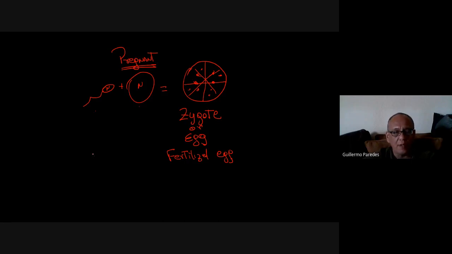So that is the origin of us. Okay? Now, what happened? You already know what is the pregnancy test, right? What is going to be measured by the pregnancy test? HCG levels. What is HCG? The human chorionic gonadotropin hormone.